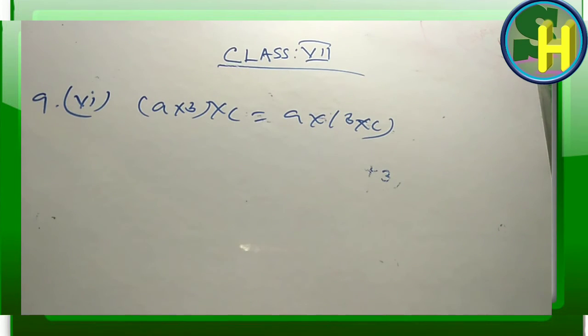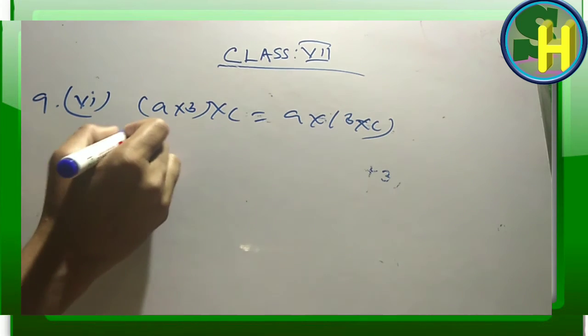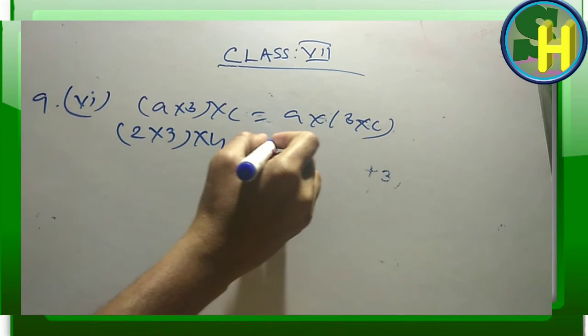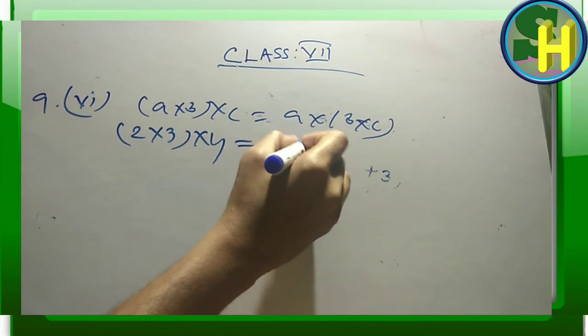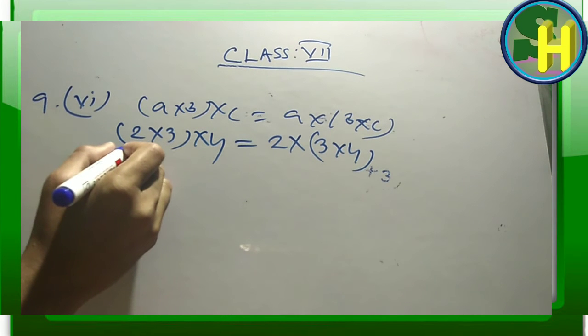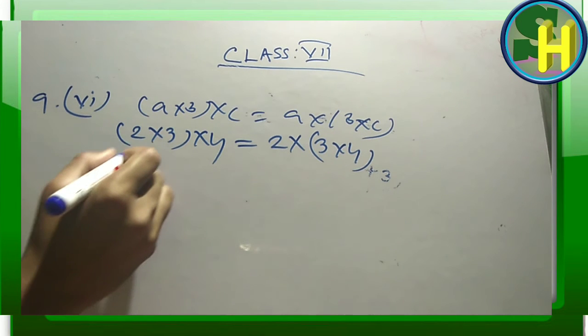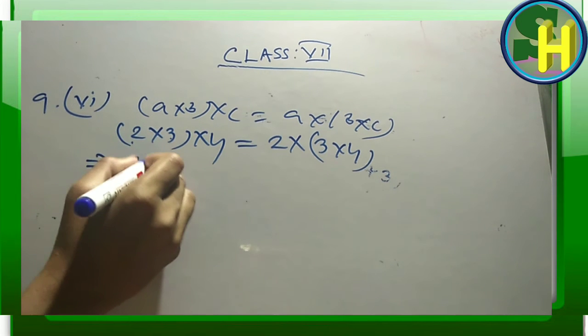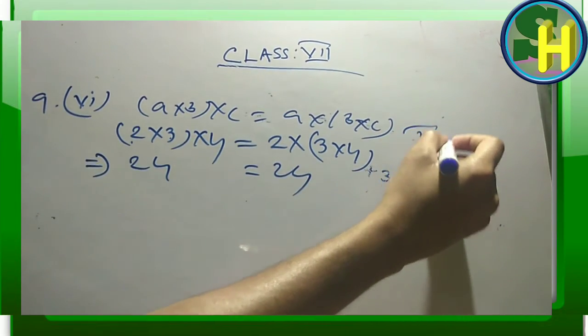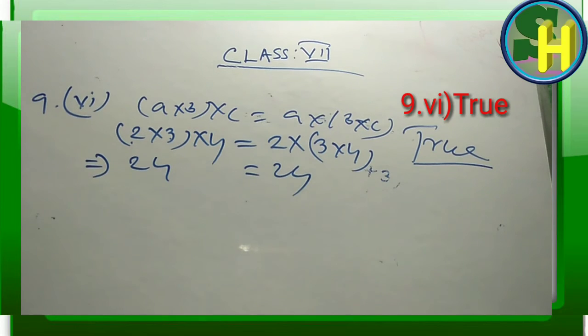This is the associative law. Thus I am taking 2 into 3 into 4. Also equal will be 2 into 3 into 4. How is it? This is 6 into 4, 24. This is also 24. So this is also true, because the associative law is followed.